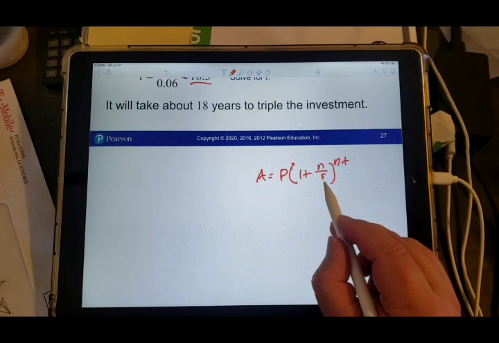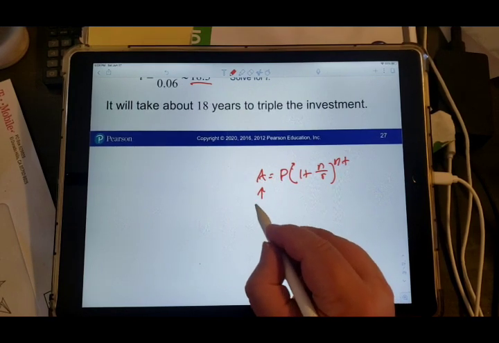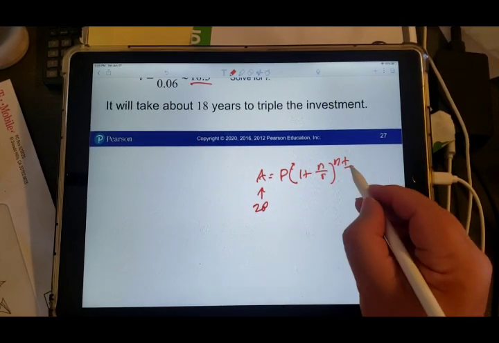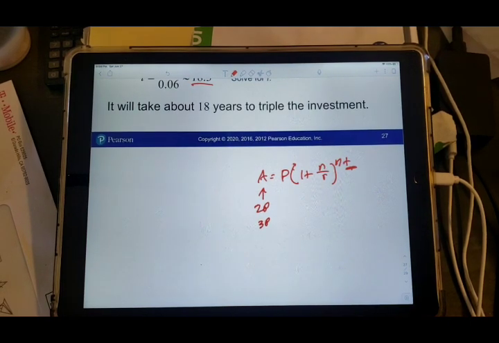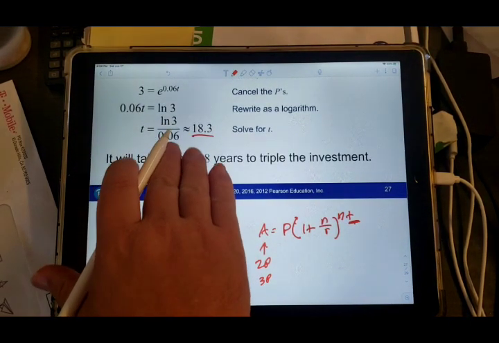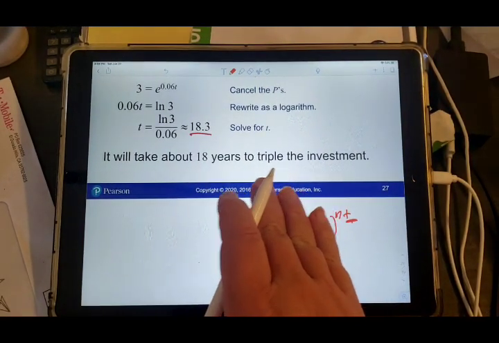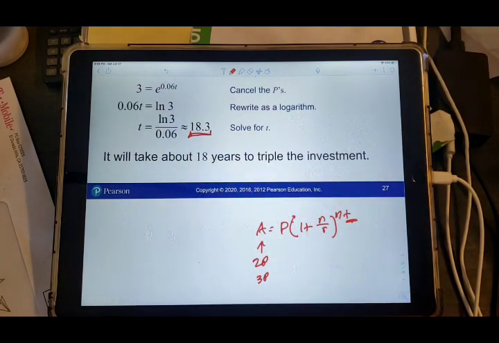Substitute here, but the trick is still you'd replace A with 2P for doubling time, solve for T if you're solving for time, and 3P for tripling time. And it would be very close to these, but the calculation would be a little bit longer. And the change might be so subtle that you might need more decimal places to distinguish one from the other. So obviously look at the website and see what they're asking for those particular problems.